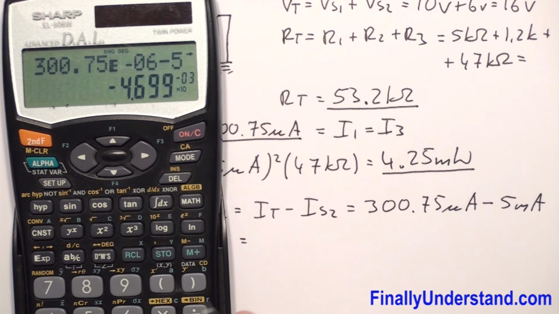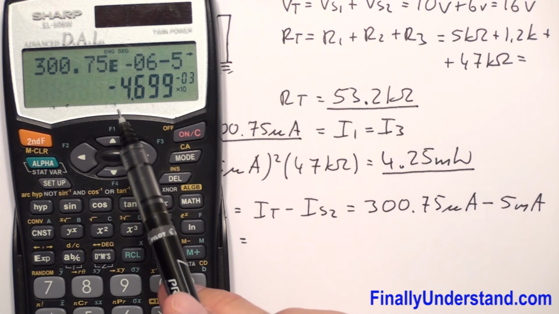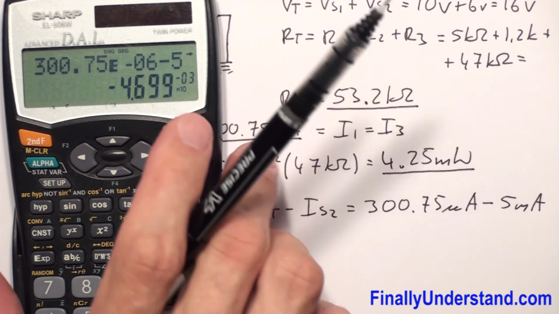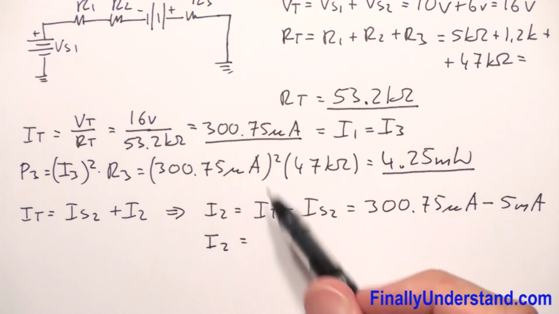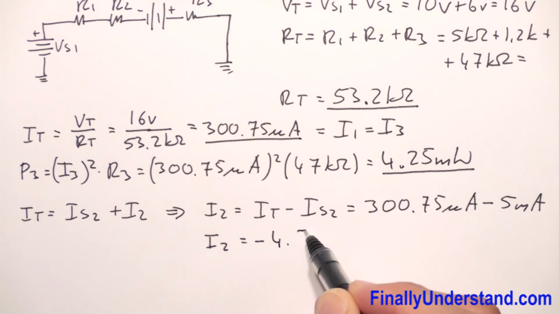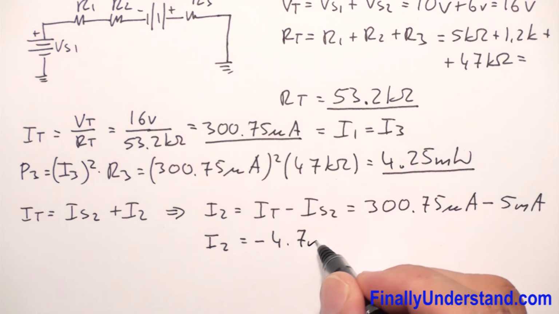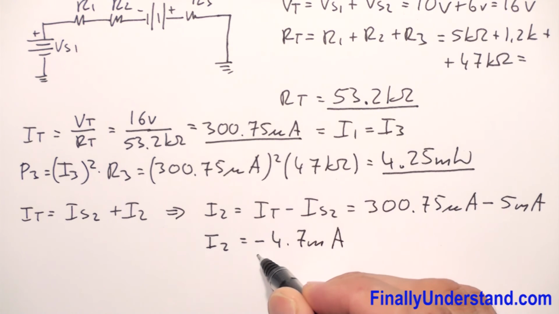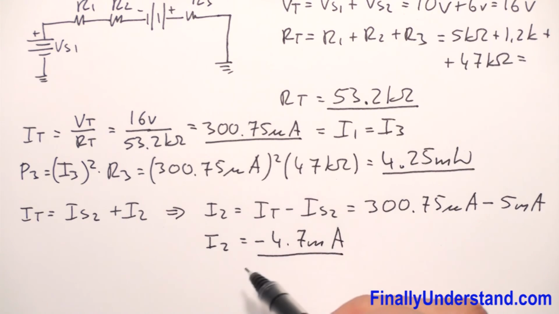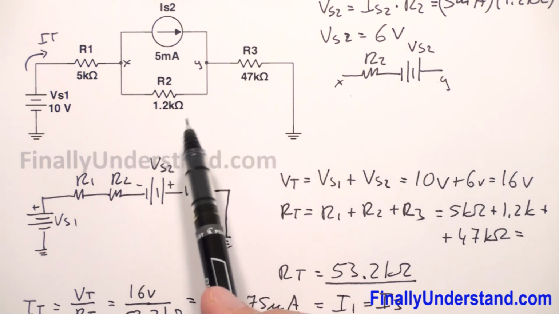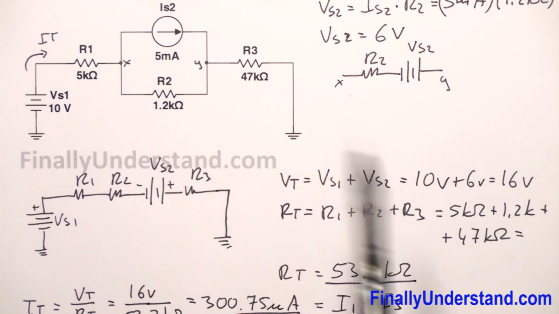This is equal to negative 4.7 milliamps. Okay, so this is my current I2, the current which goes through resistor R2.